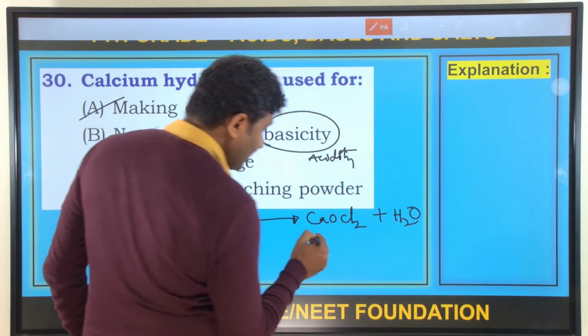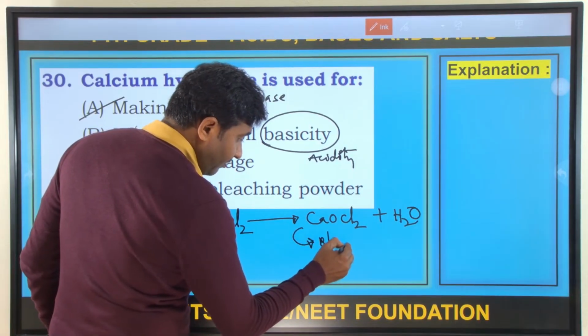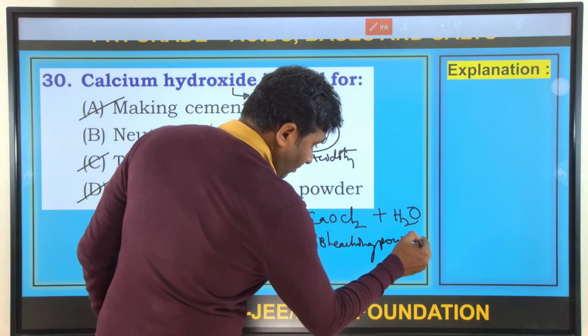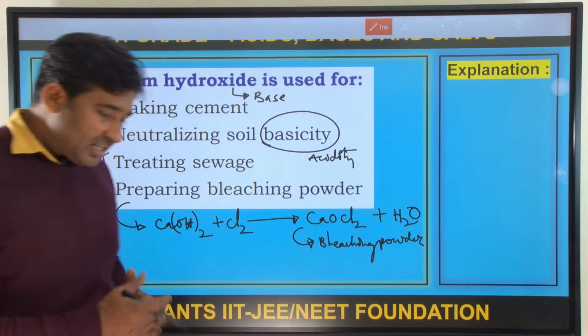This calcium oxychloride is nothing but bleaching powder. So calcium hydroxide is used for making cement, treating sewage, preparing bleaching powder. So the correct options are A, C, D. Okay. Now up to 30 we discussed.